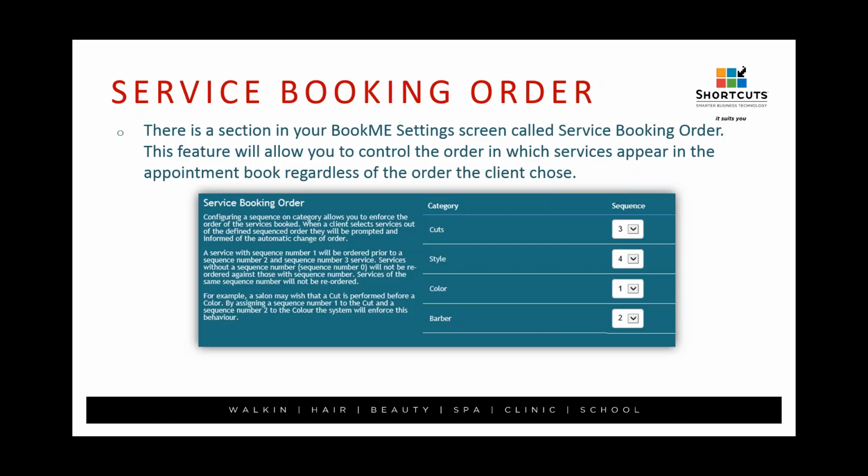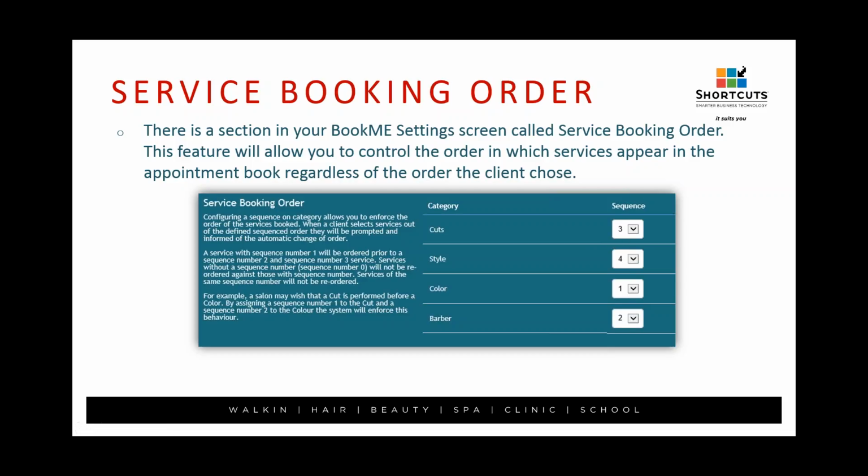There's a section in your BookMe settings screen called Service Booking Order. In there, you can see in this screenshot that I want color to be first, then my barbering services, then my cuts, and then my styles.